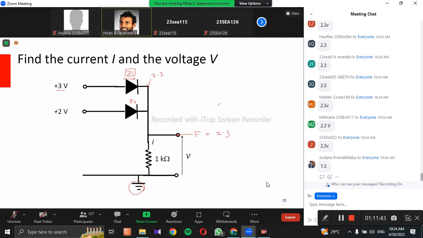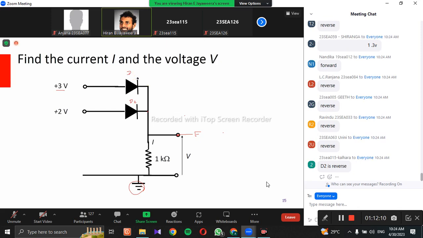Now what's the biasing of the D2 diode? D2 diode is reverse bias, right? That is fine. Okay, let me start asking a few questions in a slightly different way. Now let's start the analysis with diode D2. You have 2 volts here and ground here.